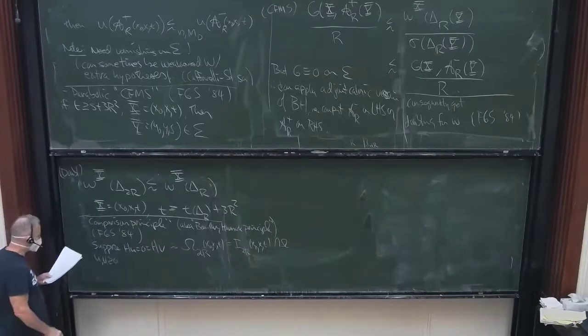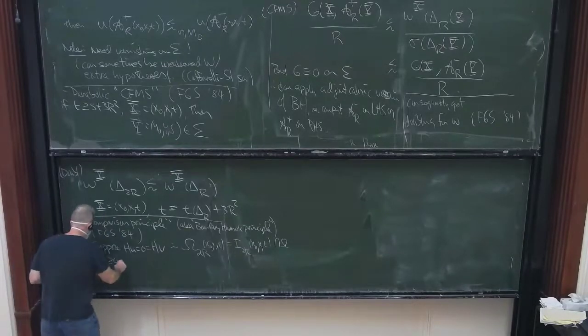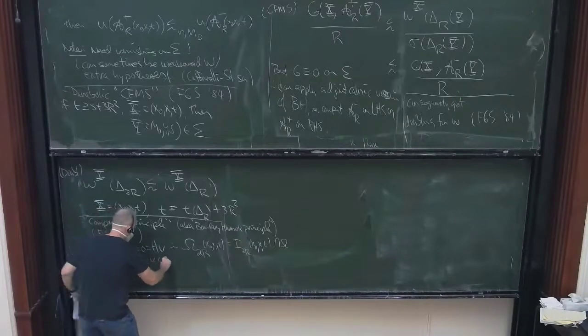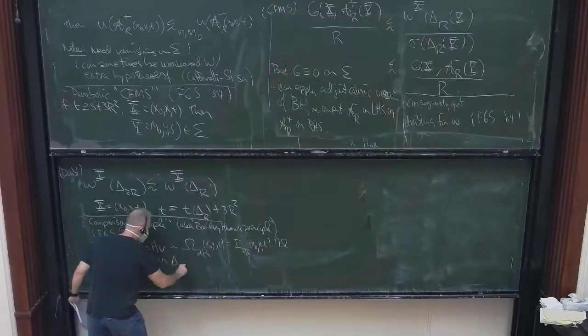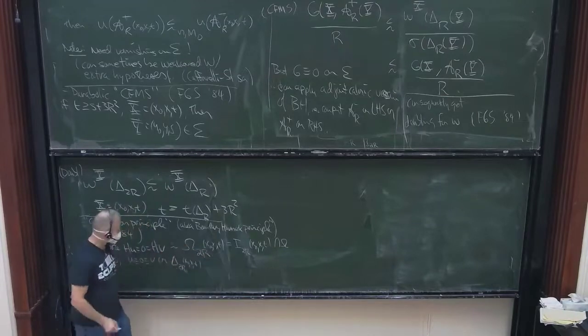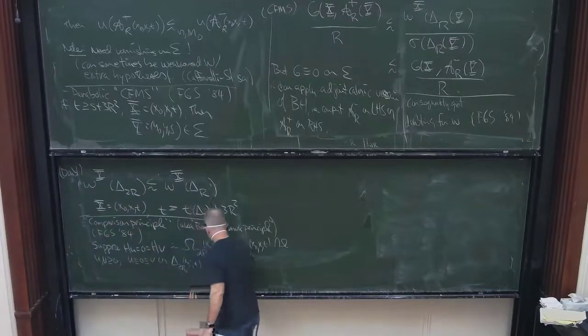In this subdomain, they're going to vanish continuously on delta 2r, which of course is the intersection of this guy with the boundary. So this is continuous vanishing.